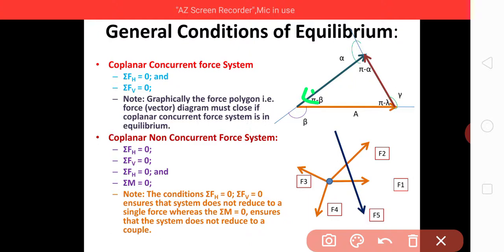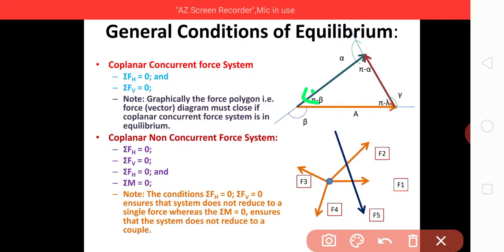Now, coplanar non-concurrent force system. As I told you earlier in the third lecture, if any of the forces is not passing through the point of concurrency, then the system will automatically get converted into a non-concurrent force system.